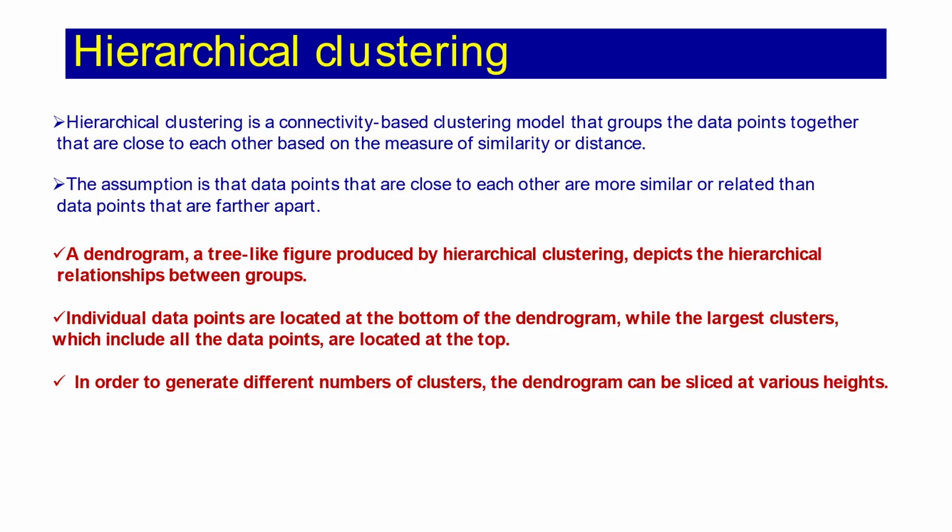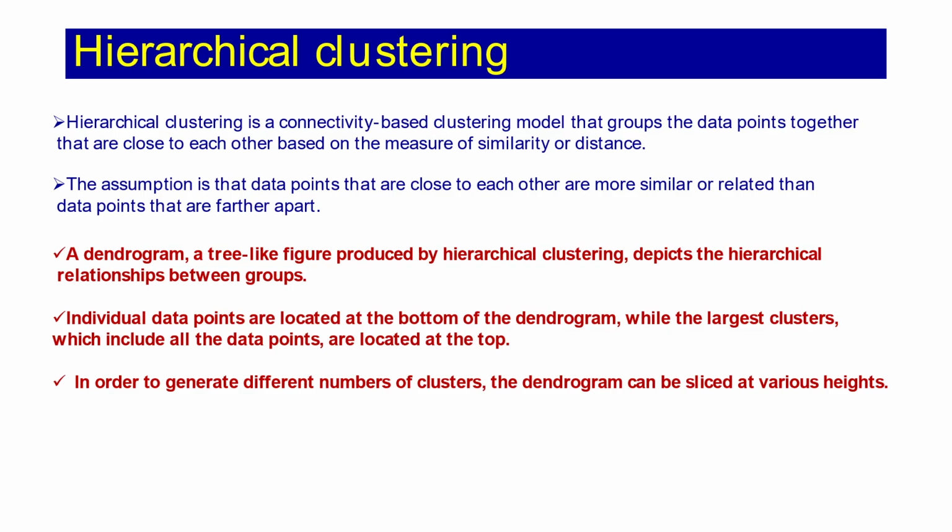So, here we create a dendrogram, a tree like structure to represent the connections or relationships between the different groups. Individual data points are located at the bottom of the dendrogram, while the largest clusters, which include all the data points, are located at the top.